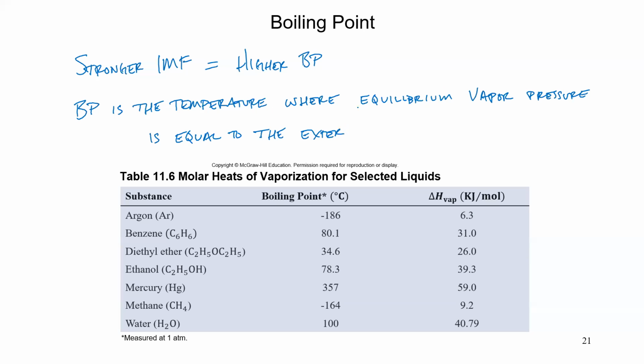We think about external pressure usually being 1 atmosphere if we're doing something out on the bench. And so we would need to get the equilibrium vapor pressure up to 1 atmosphere in order for it to boil.